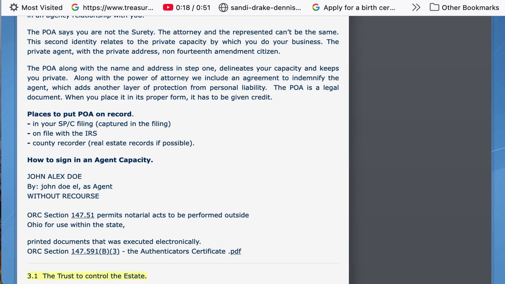Okay. And then under the Bouvier's Law Dictionary, they have this certain thing called an agency coupled with interest. You can look it up. I'm just going to read the definition.